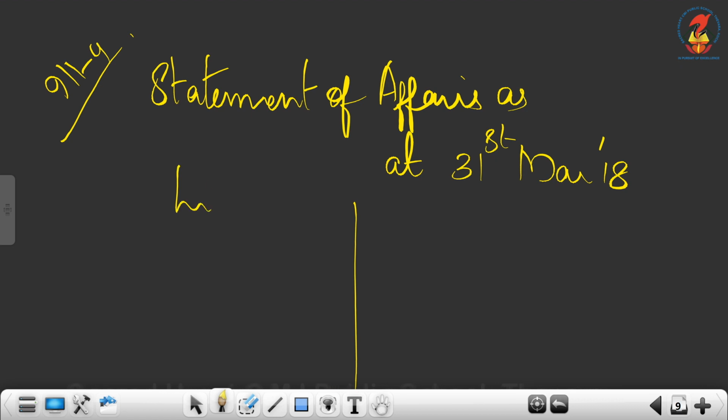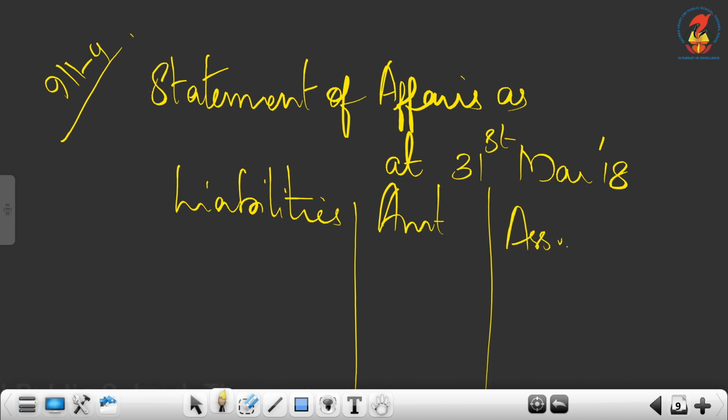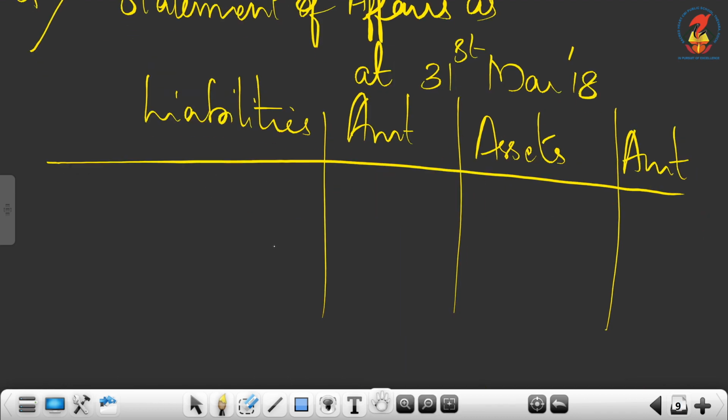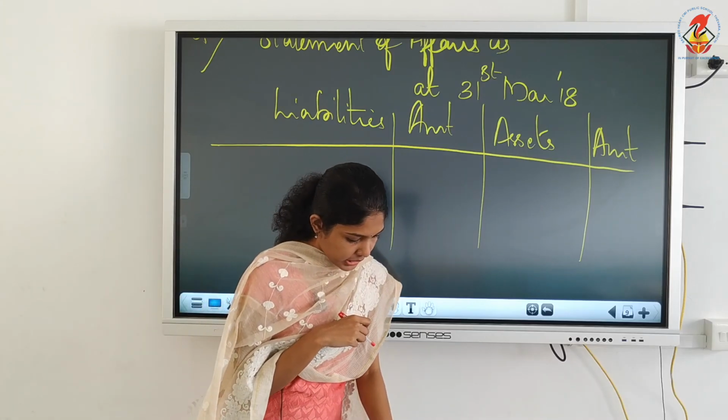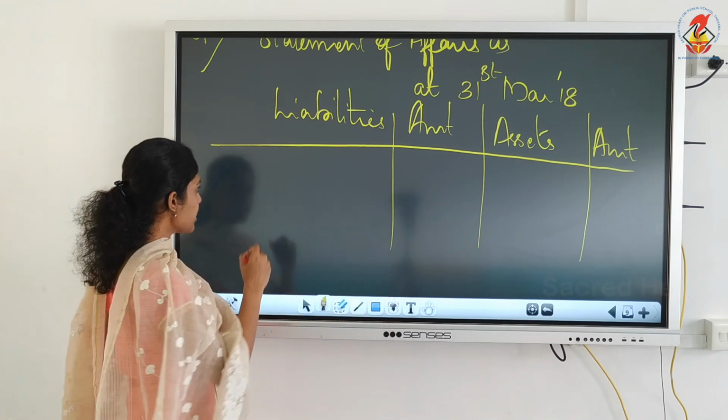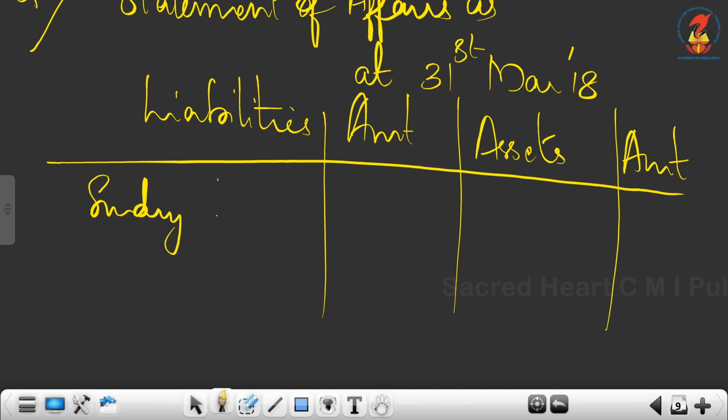Yes, now we will draw the format just like the balance sheet. We have 31st March 2018, we have creditors on the liability side, sundry creditors. Bills payable we don't have for the beginning, so you don't have to write it, it's nil.